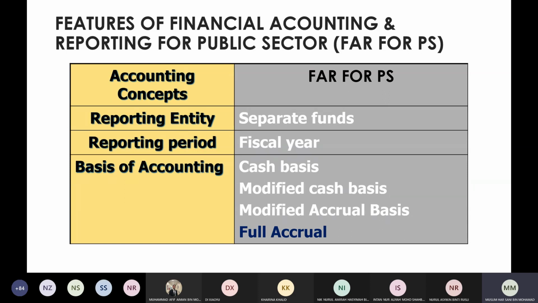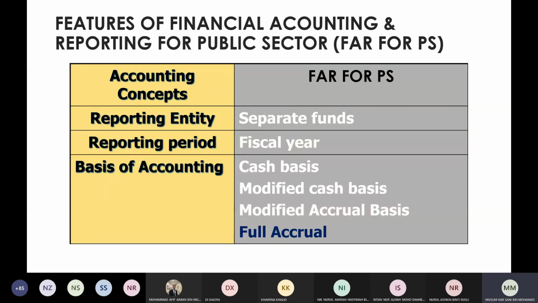Right, that's the reporting period. Basis of accounting. Generally in the private sector, we just focus on full accrual accounting, right? But in the government, we have cash basis, modified cash basis, modified accrual, and full accrual. There's a reason for that.